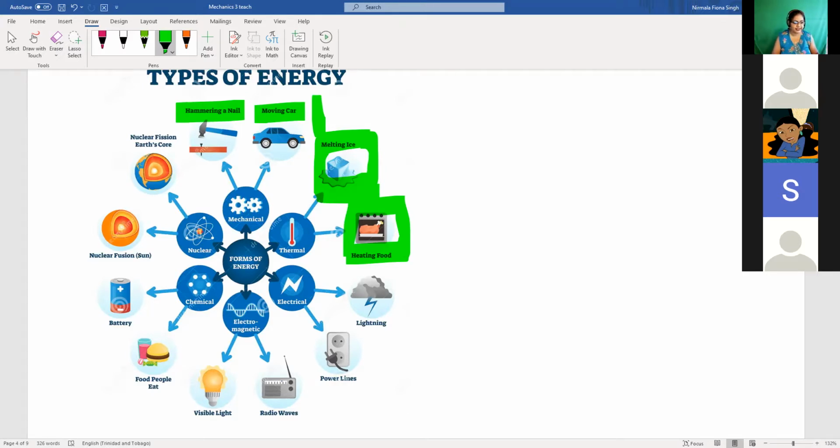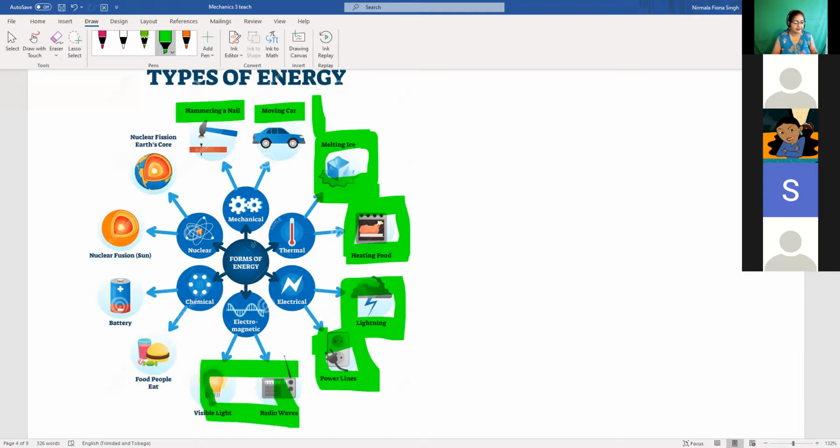We have electrical energy, being our electrical grid or power lines, lightning. We have electromagnetic waves, anywhere from radio waves to ultraviolet to infrared to X-rays to gamma rays. That whole long line of energy is contained within electromagnetic waves.